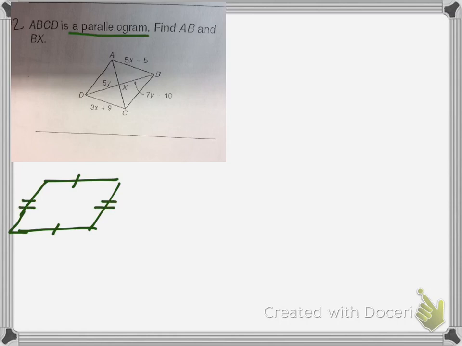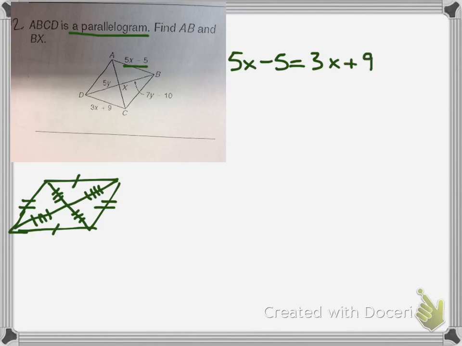Also, the diagonals bisect each other, so the pieces that are divided up are congruent. Because of that, I can say 5x minus 5 equals 3x plus 9, I think. Solving that gives x equals 7.